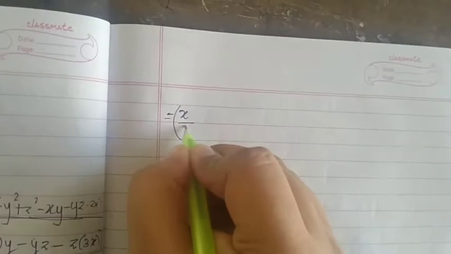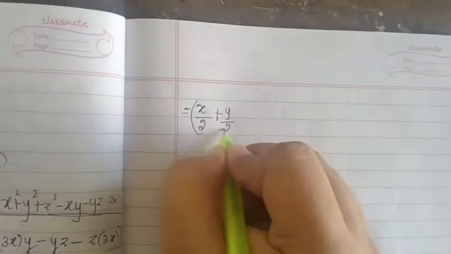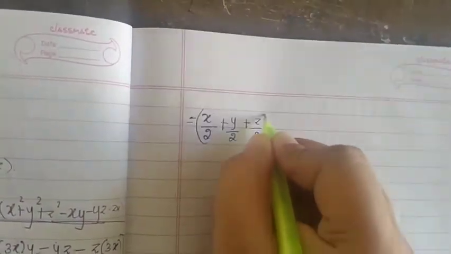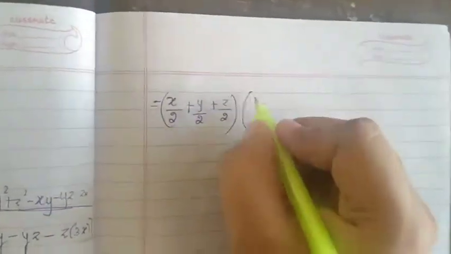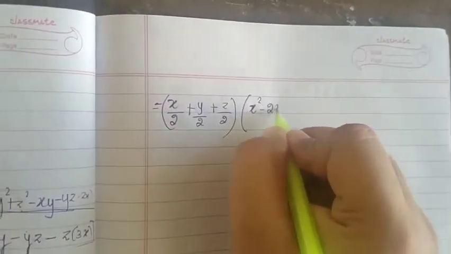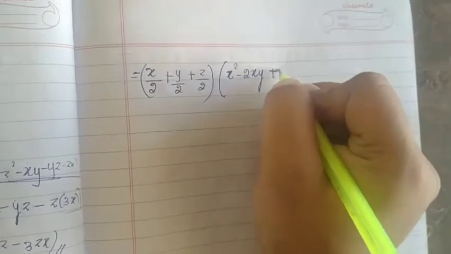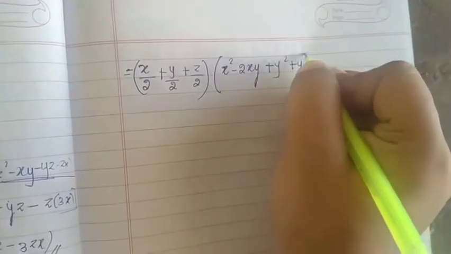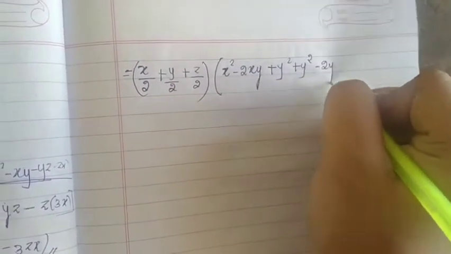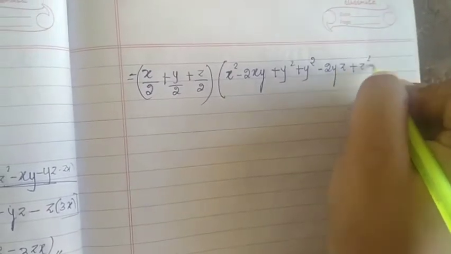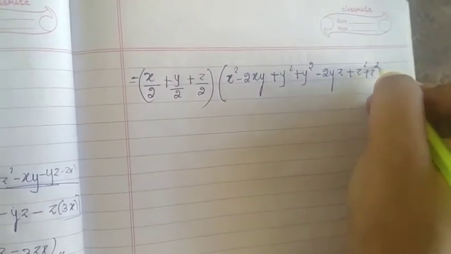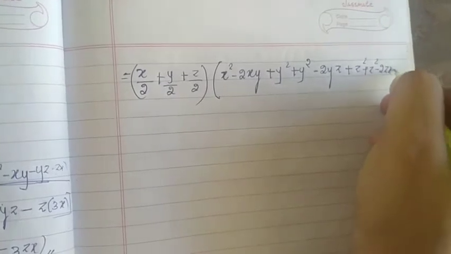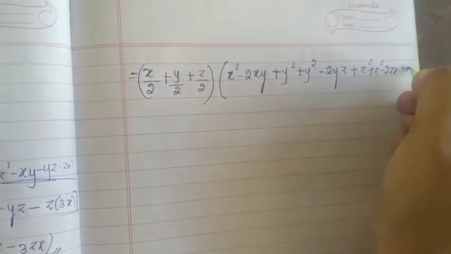This will be equal to x by 2 plus y by 2 plus z by 2 into x square minus 2xy plus y square plus y square minus 2yz plus z square plus z square minus 2zx plus x square.